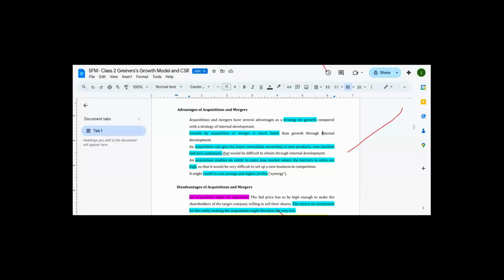So we grow faster. Another benefit of acquisition is that it can give the buyer immediate ownership of new products, new markets, new employees, and new customers that would have been difficult to obtain through internal development, starting from fresh.